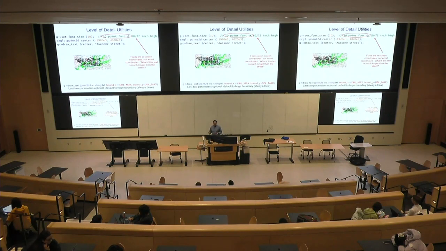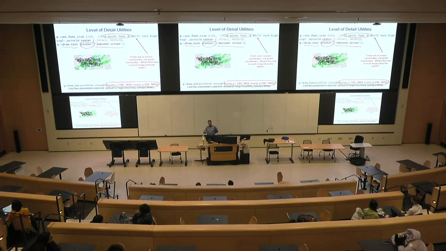So one of the tools you have to avoid that is a pretty easy one to use. So draw text always requires two parameters, okay? It requires the point where you're going to draw the text, in this case the center point, and it requires the text itself. But it actually has two other optional parameters, okay? And you can make optional parameters in C++ by giving them a default value.